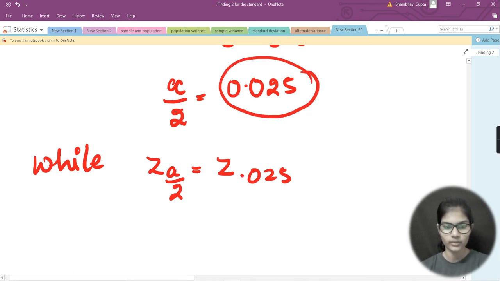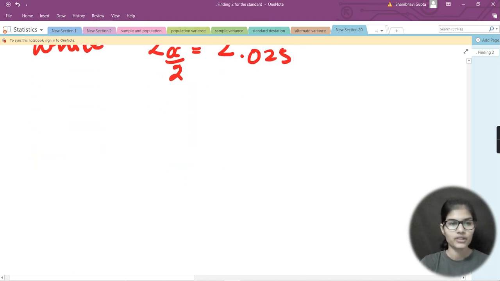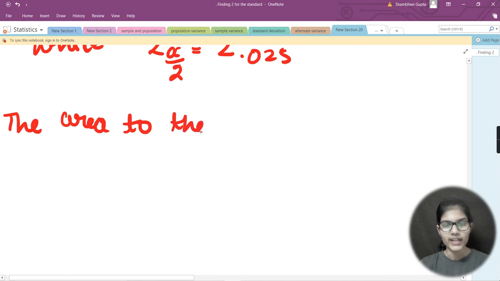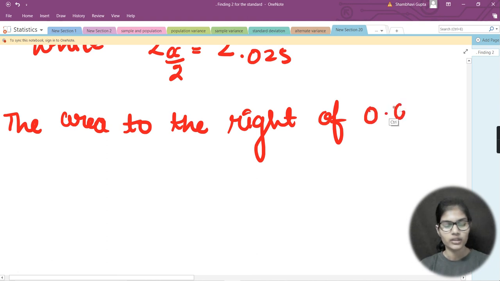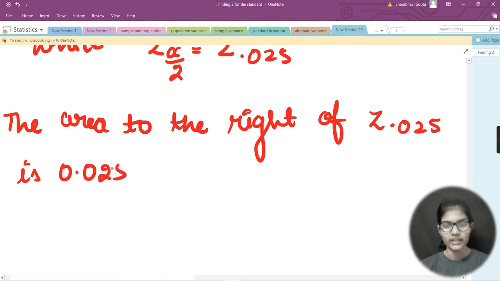So what I can conclude from here is that the area to the right of z 0.025 is 0.025.